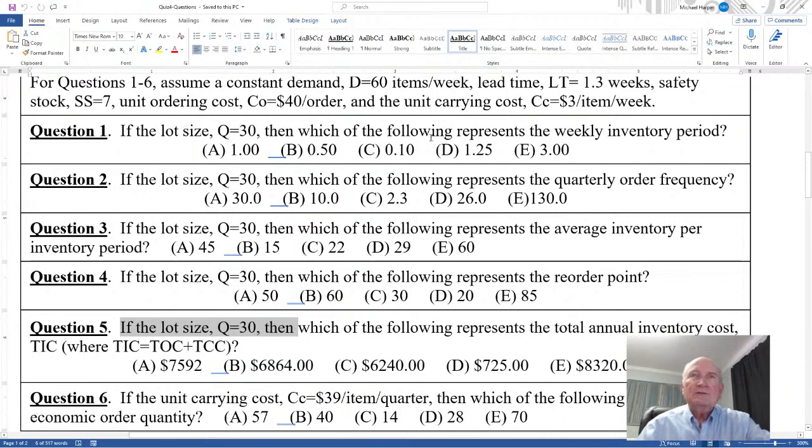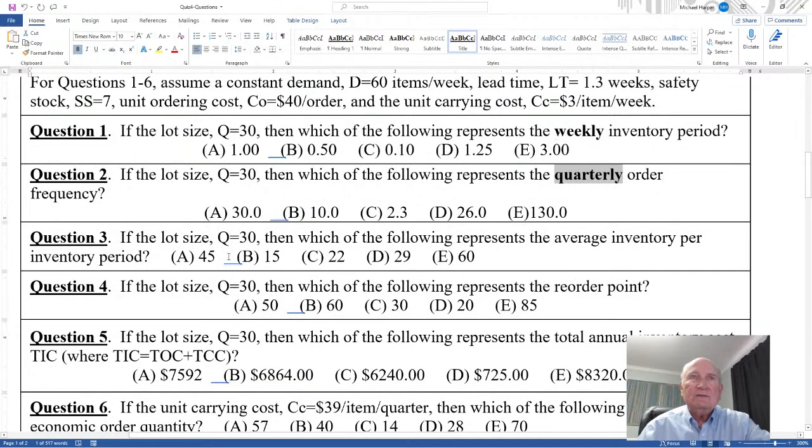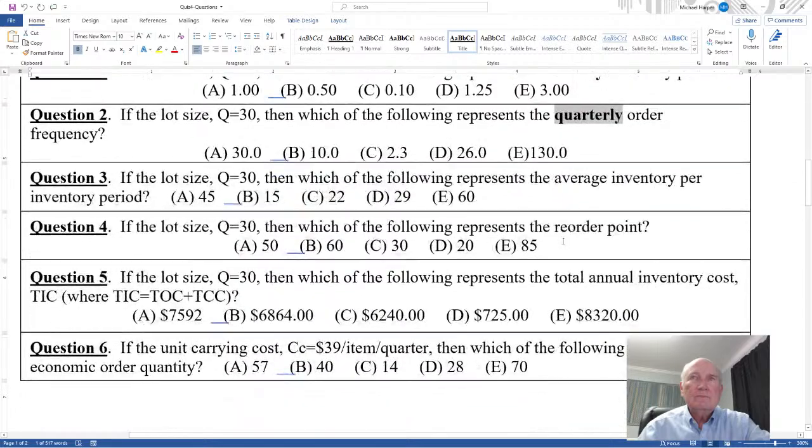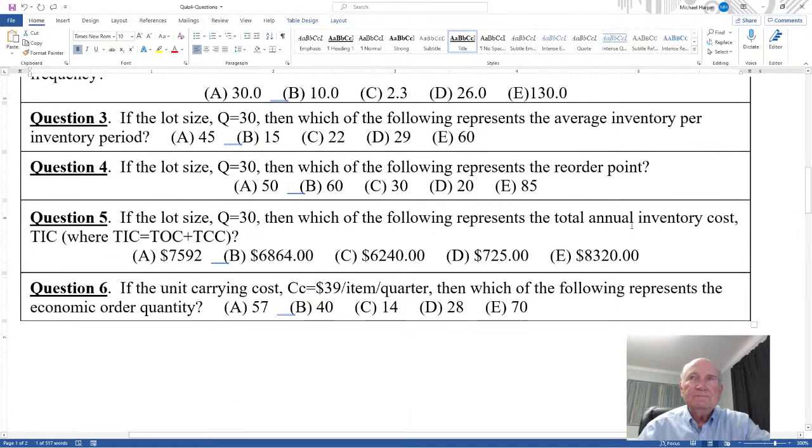Okay. So this one is, which of the following represents the weekly inventory period? Okay, also notice this is weekly, and let me bold that. This is quarterly. Let me bold that. This is the average inventory period. This is a reorder point.